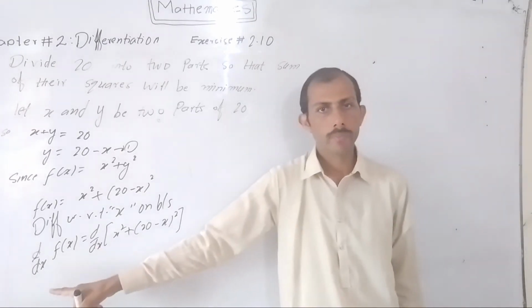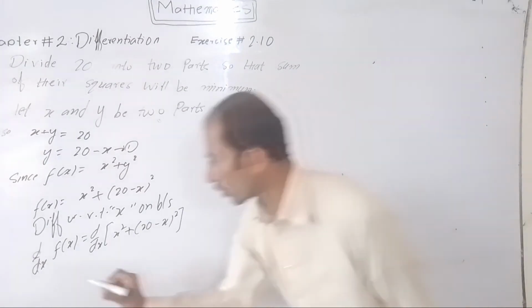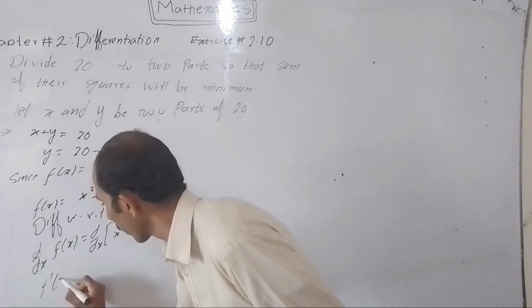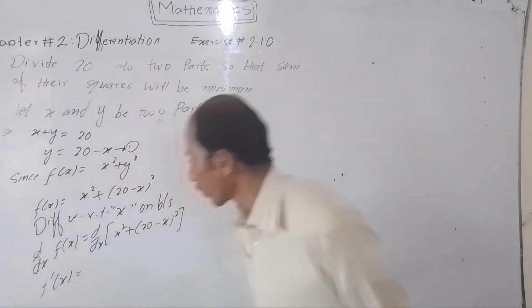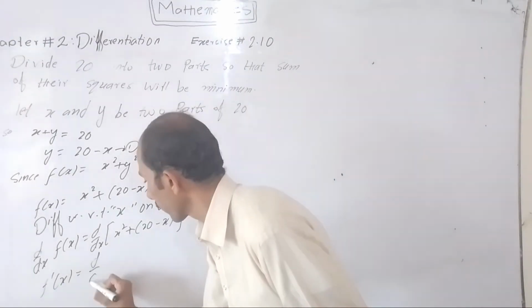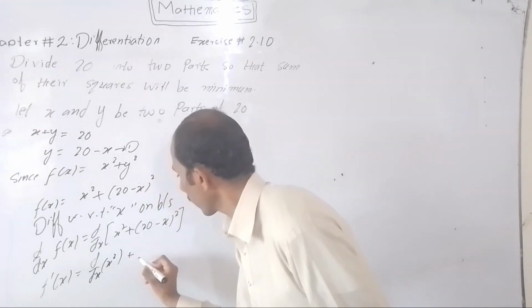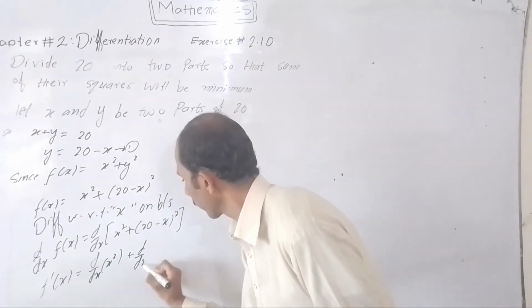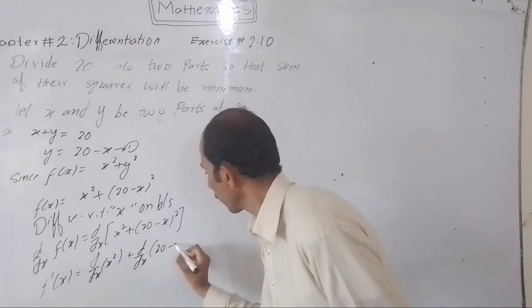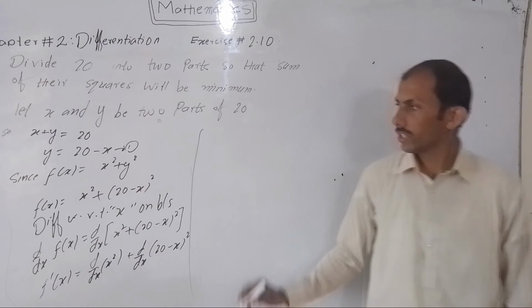Derivative of f of x with respect to x is f prime of x, which is equal to derivative of x square plus derivative of (20 minus x) whole square.